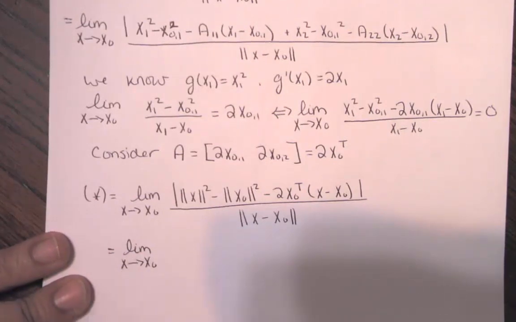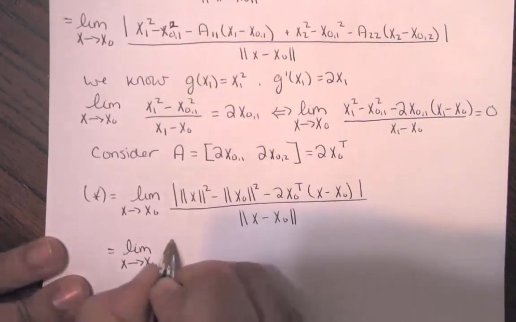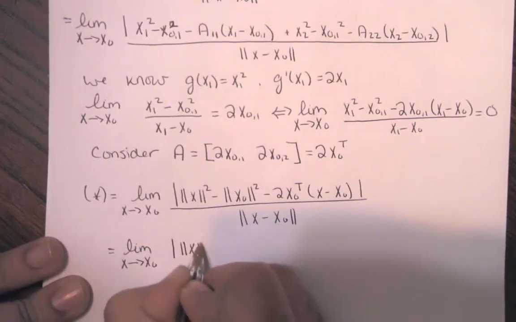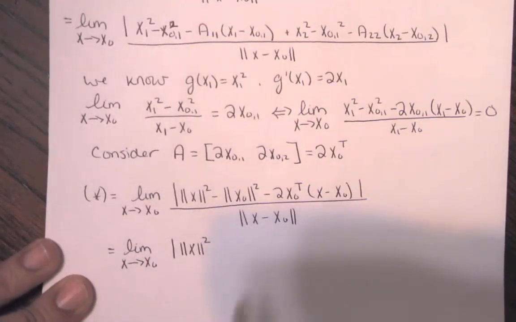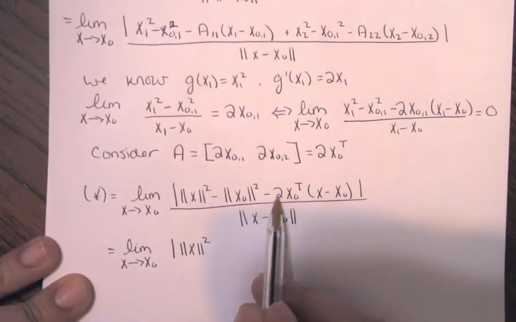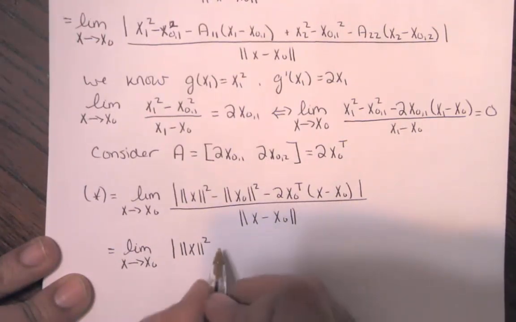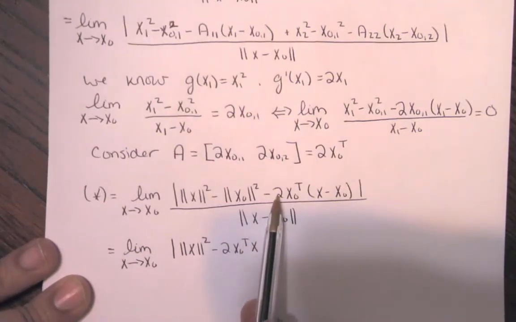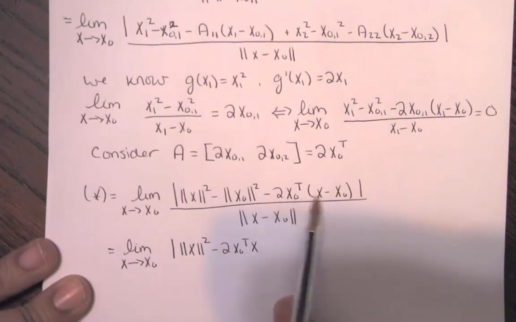Which is equal to the limit as x approaches x naught of the norm of x squared. Now let's look ahead, shall we? Minus 2 x naught transpose x minus 2 x naught transpose x naught.